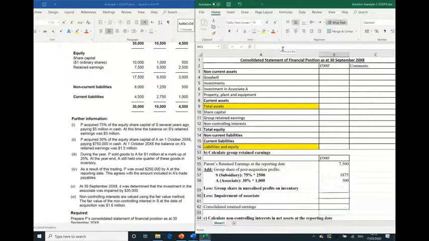Then moving to intra-group trading. For intra-group trading, we have two items, item 3 and item 4. For item 4, we have balances with the associate: trade receivables and trade payables. The rule here is that generally the associate is considered to be outside the group.